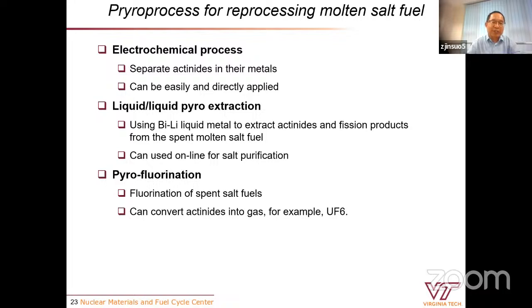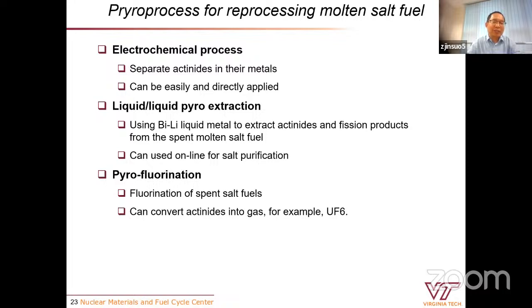Then you handle the bismuth metal after the lithium dissolves into the salt and the actinides dissolve in the bismuth. In this process, you can also build a pyro contactor, like the centrifugal contactor for PRX. For this process, they already experimented. We already did this. We can extract actinides from the salt, and this can also be used online.